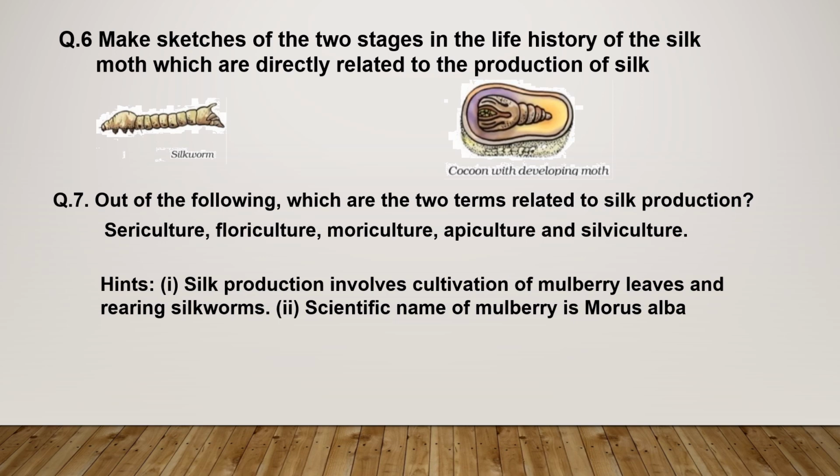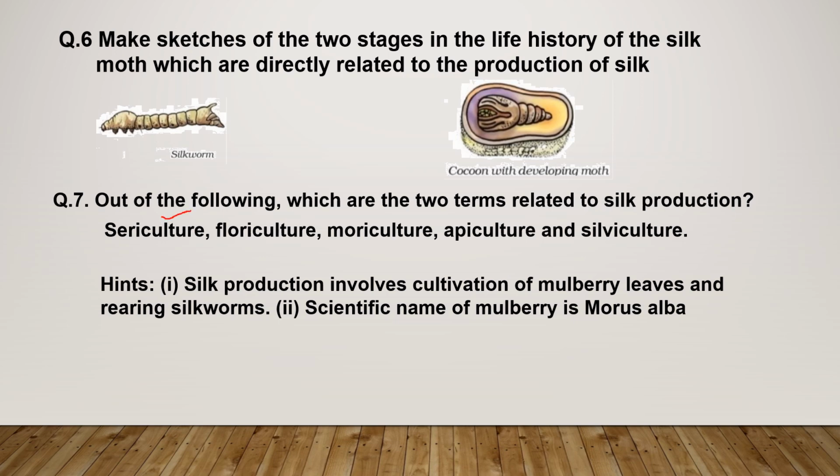The scientific name of mulberry is Morus alba. So Morus alba is related to moriculture. So the answers are sericulture and moriculture.